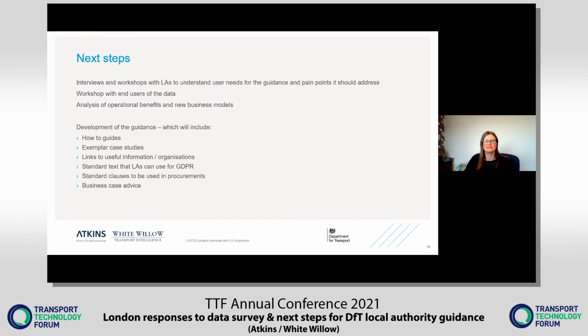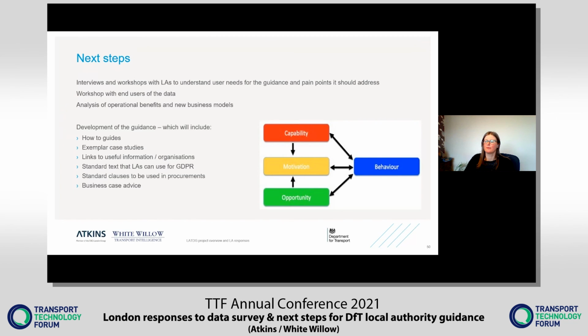Just to go back on the next steps, which are to hold the interviews with local authorities and analyse the benefits and business models, and then development of the guidance. And if you just move on one, we don't want to prejudge what the guidance should contain, because working with local authorities, this is where we want to understand what people actually need rather than make assumptions about what they need.